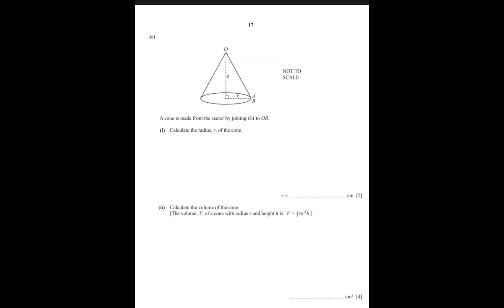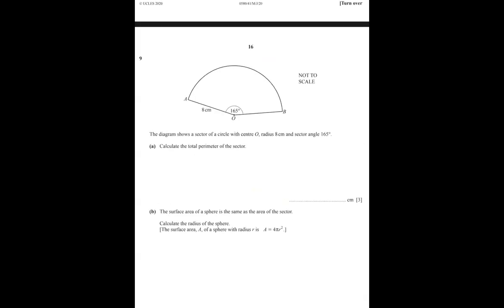Okay, a cone is made by joining sector OA to OB. This one a bit hard for me to illustrate here, but basically what happens is, if I join these two, I color code a bit. Online a bit hard. So let's say this and this, and then I just color code. If I fold this up to make a cone, let's say the crease is here.